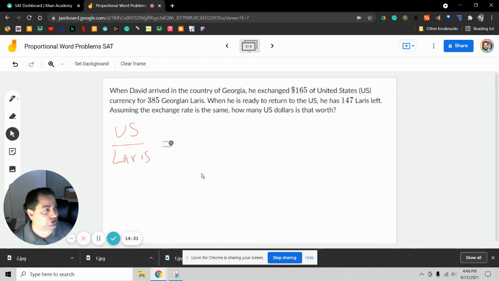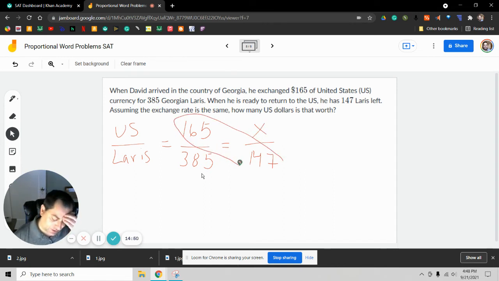And his initial exchange was $165, gave him 385 laris. So the exchange rate is going to stay the same, and he has 147 laris. That's going to go in the bottom. Okay, we're going to cross multiply where we have two numbers. 165 times 147, 24,255.